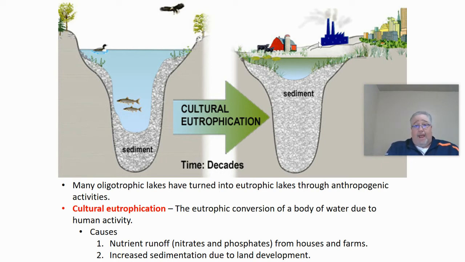Another thing that happens is you get a lot of nutrients that run off typically from farms or from houses. And when those nutrients get into the lake, that causes algae to bloom. Remember back when we talked about the Neuse River, right? Algae love nutrients.